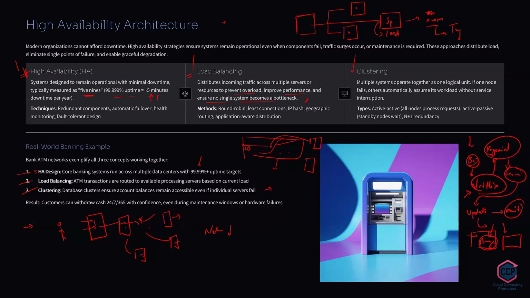Load balancing basically distributes the traffic. If a thousand people are entering your server, it will distribute 500 to each of two different servers.